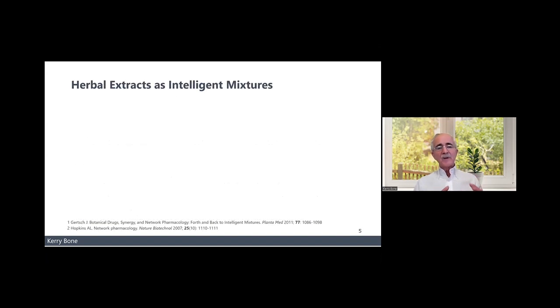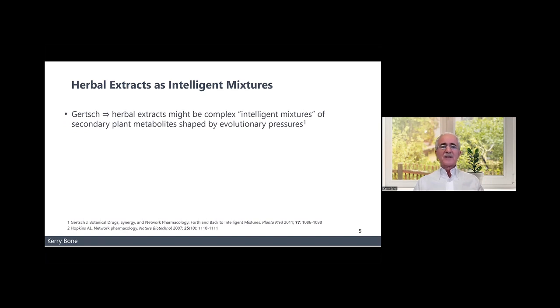Now, combined with this was a very interesting proposition put forward by Jörg Gertsch more than a decade ago, in a discussion in the journal Planta Medica, of herbal extracts as intelligent mixtures. I've had the fortune of collaborating with Jörg Gertsch in various aspects of echinacea research, and he is a really top scientist.